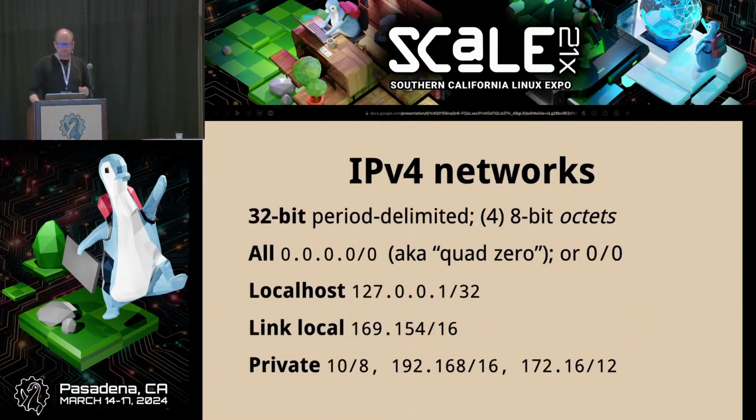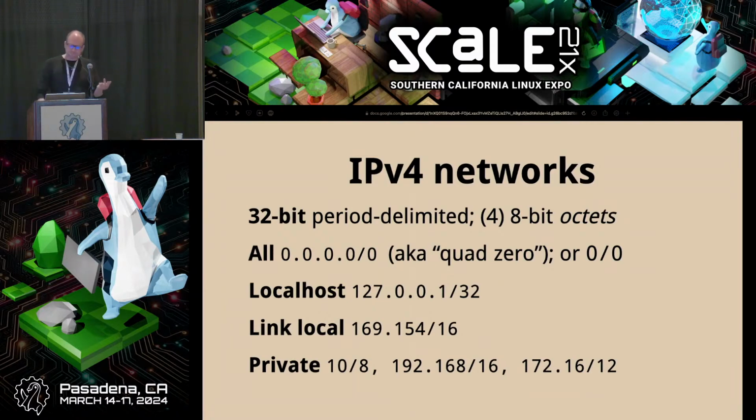So just to go over that, the entire internet is encapsulated as all addresses, or 0.0.0.0/0, aka quad 0, or in shorthand notation, 0/0. Many of you are familiar with localhost, 127.0.0.1. Link local, you've probably seen that on your Windows PC when you can't get an address, 169.254. And then there's private addressing, 10.0.0.0/8, 192.168, etc.